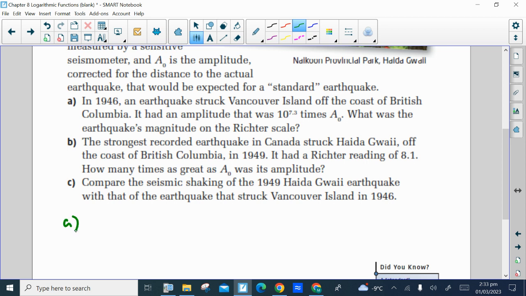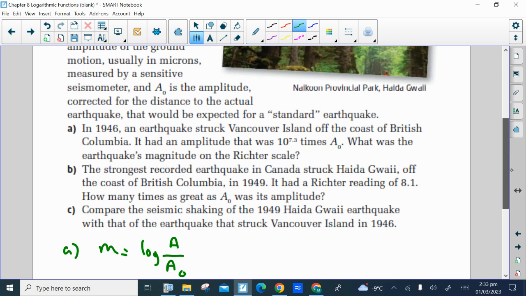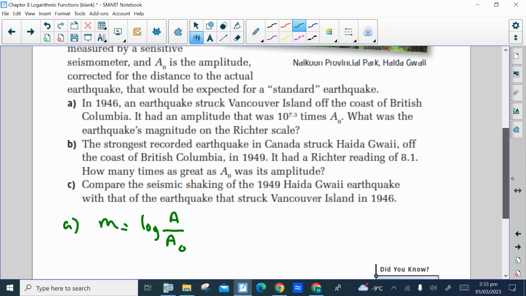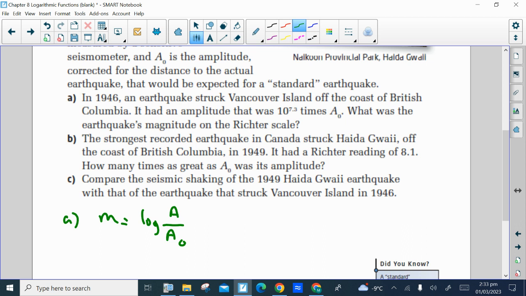So we are told that M, the magnitude, can be written as a logarithm. It is the log of A over A sub 0. And we were told in this case that the amplitude, which is what A is, was 10 to the power 7.3 times A sub 0.